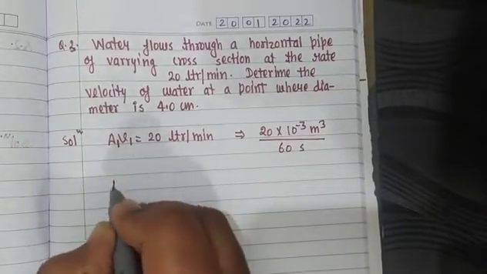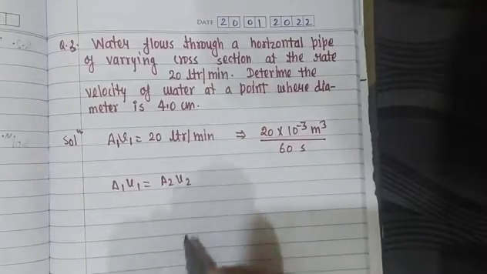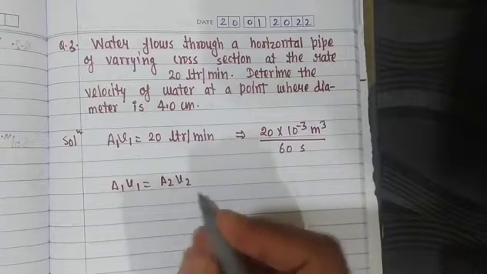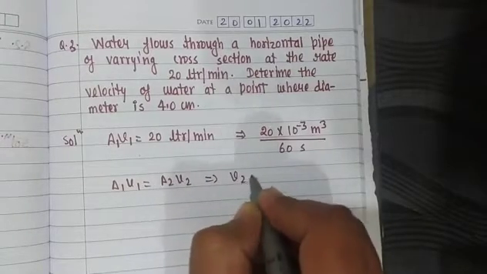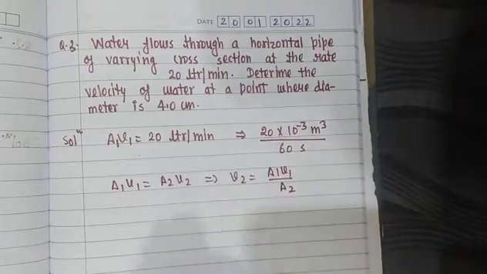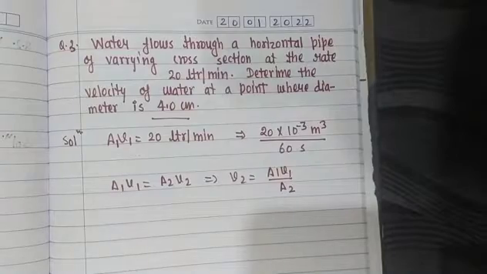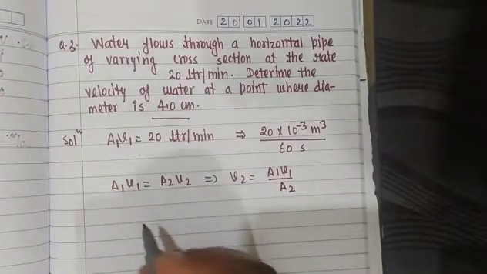As you know, A1 V1 is equal to A2 V2. So we have to calculate the velocity of ejection. It implies that V2 is equal to A1 V1 over A2. In this case, the diameter of the cross section through which the liquid gets outside is 4 centimeter.